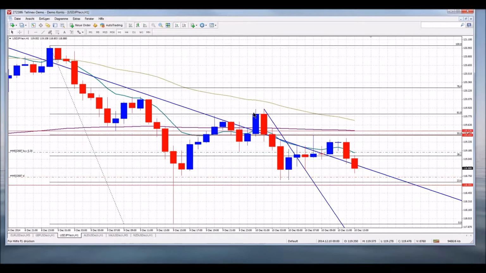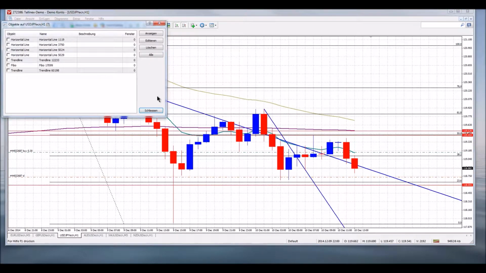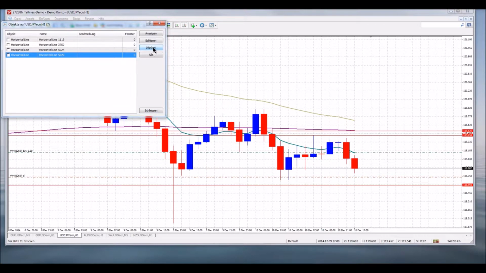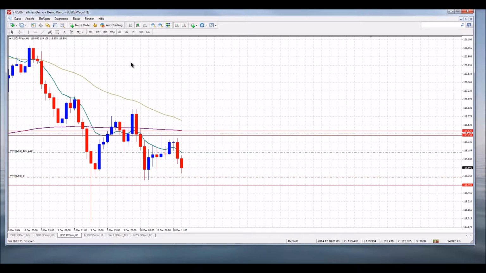Now the question we have to ask ourselves is, how big was the correction? I just take off these lines here, and where can we get now from here? Okay, take those Fibonacci out as well. And where did it start? Now the correction started, I have to make it a touch lower again.